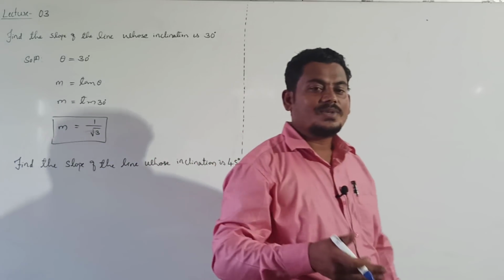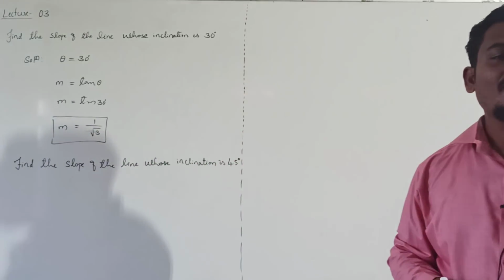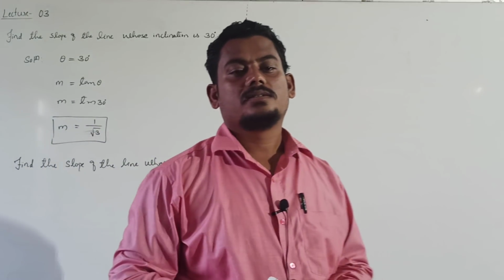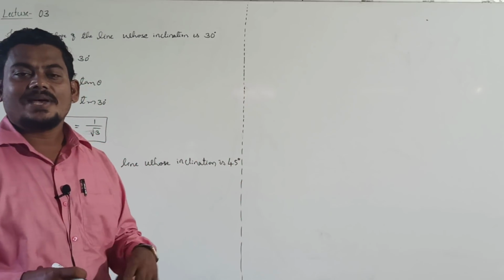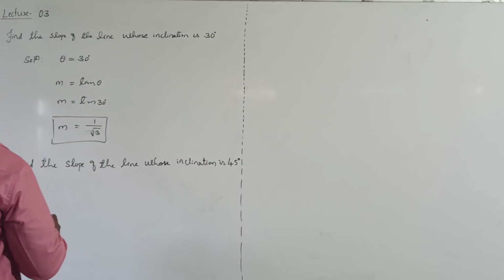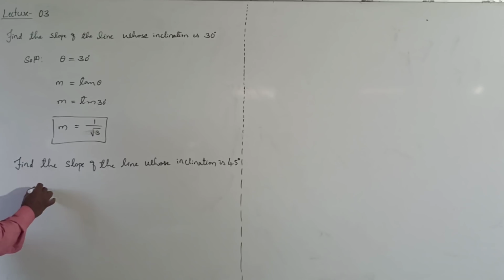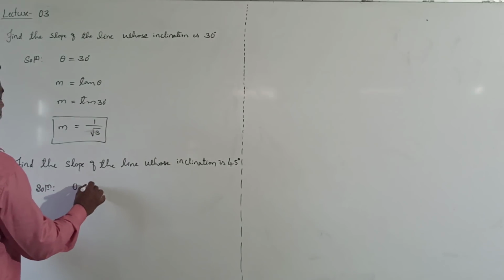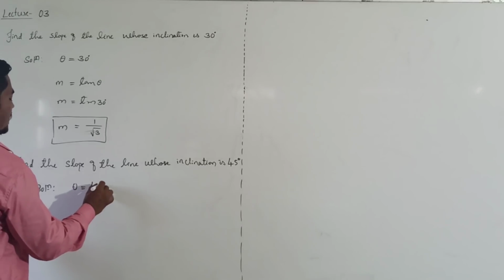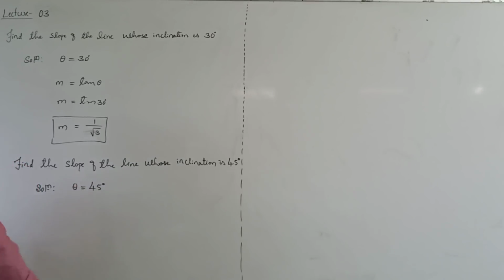If inclination of the straight line is 45 degree, then what is its slope? Inclination means theta value they have given, right? What they have given? Inclination of the line is 45 degree, right? Theta is equal to 45.